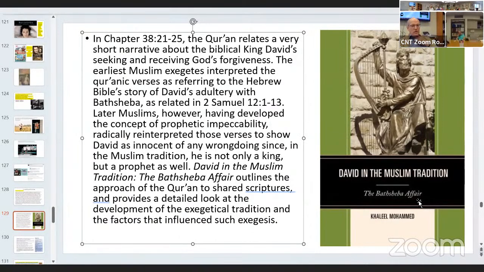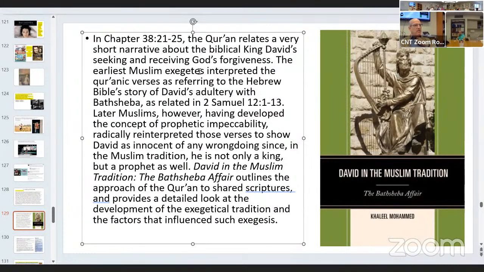I saw this book, David in the Muslim Tradition, the Bathsheba Affair, an entire book that talks about chapter 38, 21 to 25, which is what we read. The Quran relates a very short narrative about the biblical King David seeking and receiving God's forgiveness.